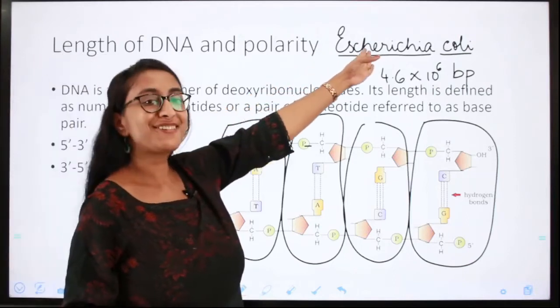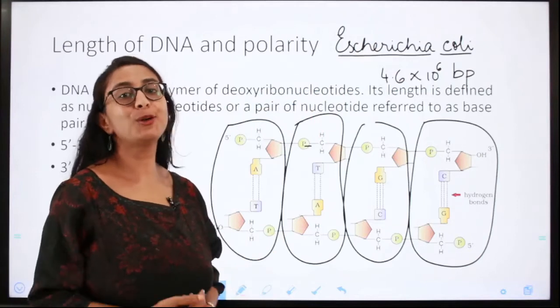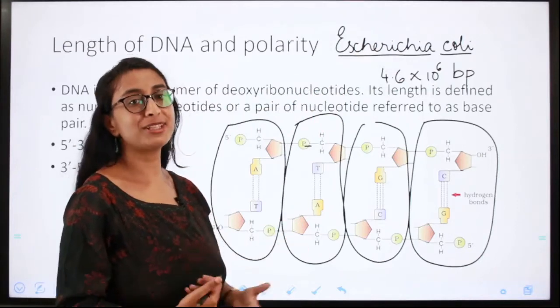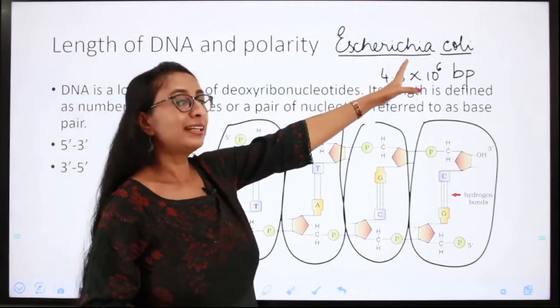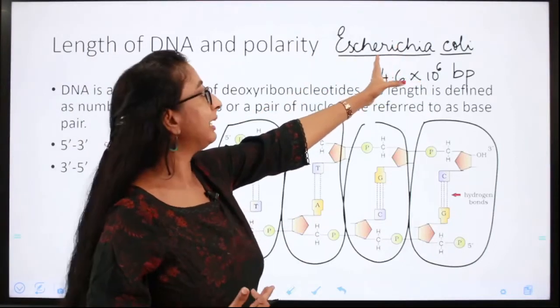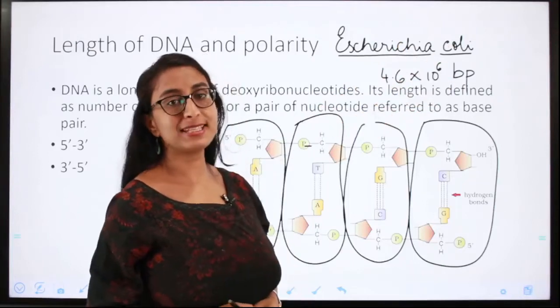What is Escherichia coli? It is a simple bacteria which is present in our own colon, isn't it? It is present in all of us. So the length of the DNA in E. coli bacteria is 4.6 into 10 to the power of 6 base pairs.